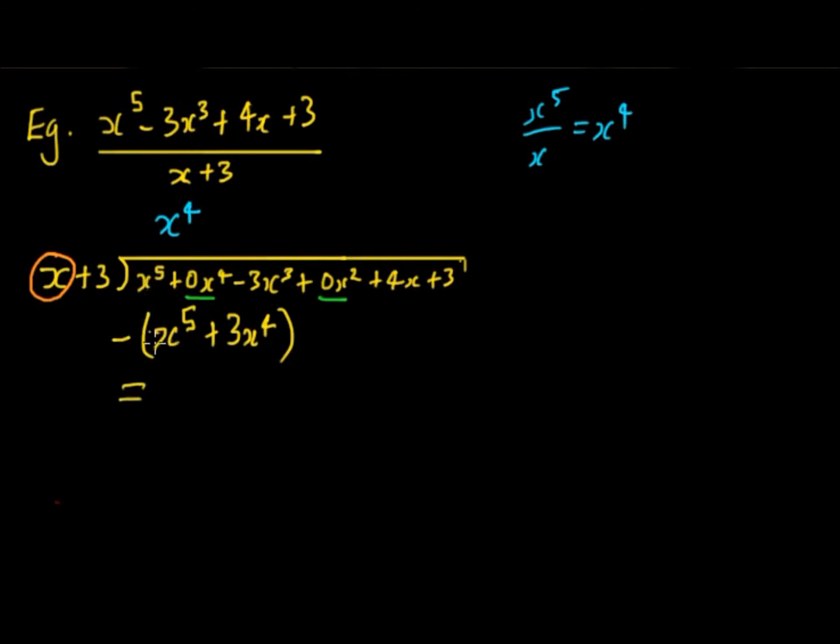So this is equal to these cancel out, and then we have just negative 3x to the 4. And that's because you have 0x to the 4 here, but obviously it's 0, so you're just going to have what this result is. This will give us negative 3x to the 3. And that's 3 rather than 4 because you have to divide by x once again.